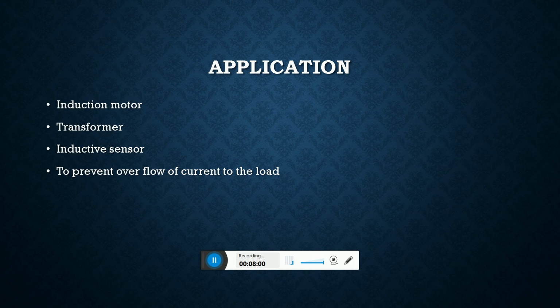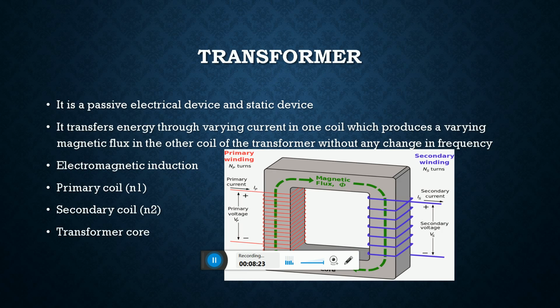In that case, transformers, like magnetic induction, will protect the circuit from the high current. Fifth, it is a very cheap and low maintenance unit. We are going to see one of the applications, the transformer.